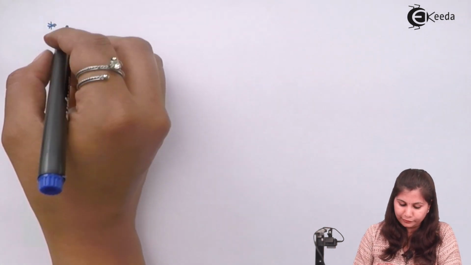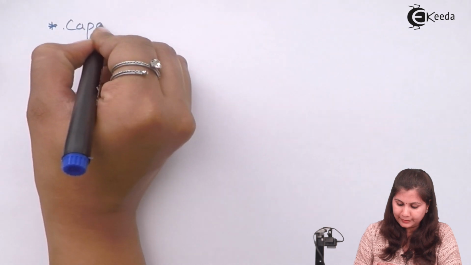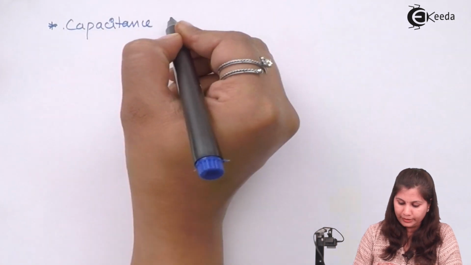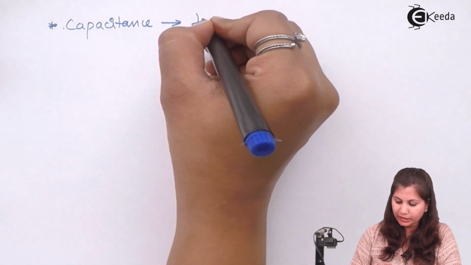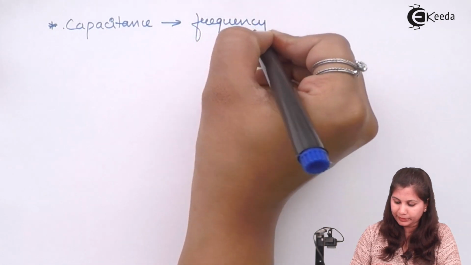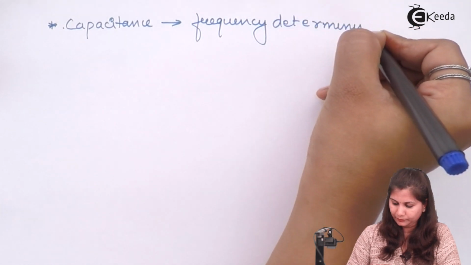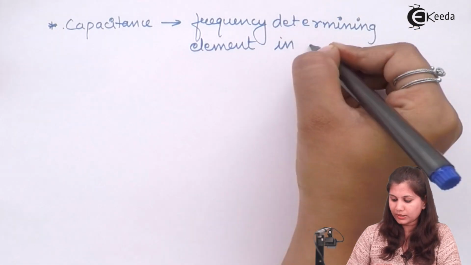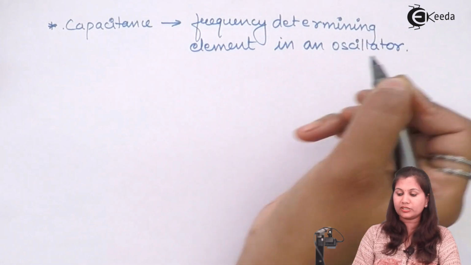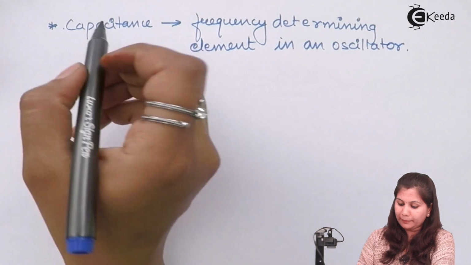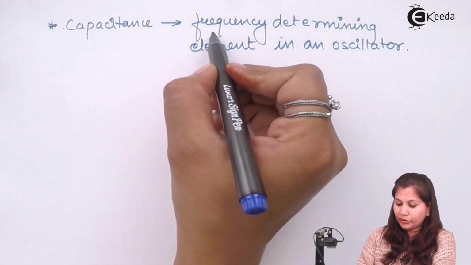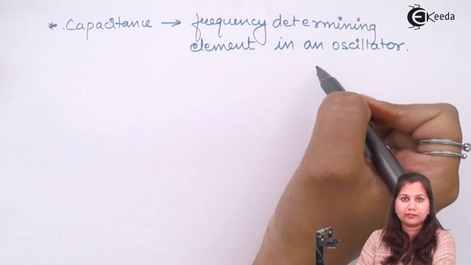Now in both of these cases, where changes in the humidity cause changes in capacitance or dielectric constant, the change is very small. So for that purpose, the capacitor is included as a frequency determining element in the oscillator.